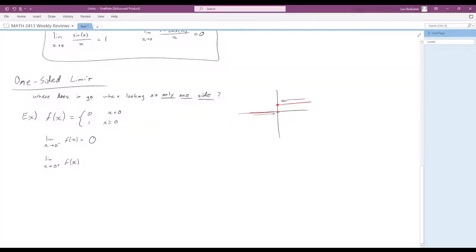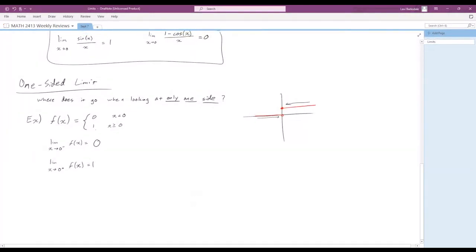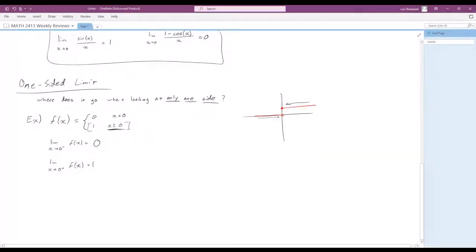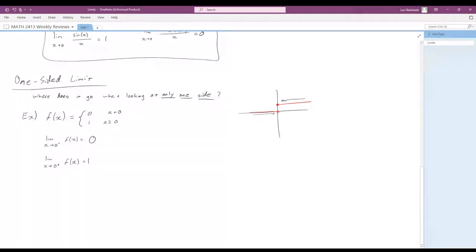Right, it approaches 1. And again, fairly straightforward. We could even look at it without paying attention to our graph. We say, well, when we're approaching 0 from the positive side, we only care about this portion of our piecewise function. And when we're approaching from the negative side, then we would only care about this part.